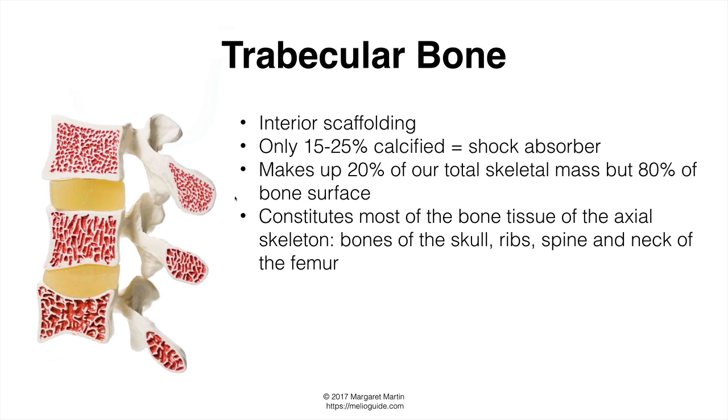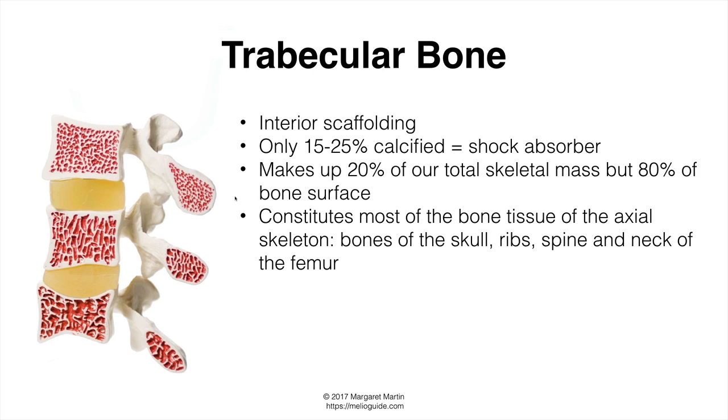It makes up 20% of our total skeletal mass, so the good thing is it's not nearly as heavy, but it's 80% of the bone surface. So it covers a lot more ground, and as a result, is in contact with more substances, nutrient-wise or health-wise, than our cortical bone.